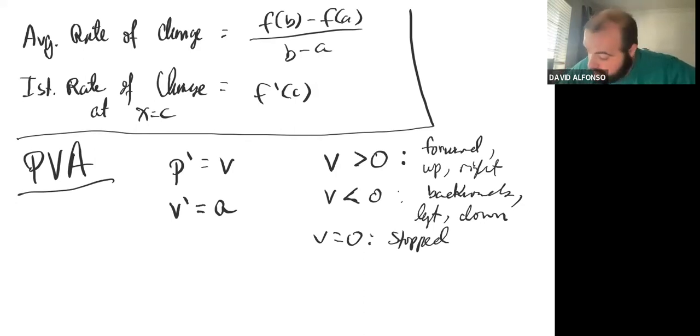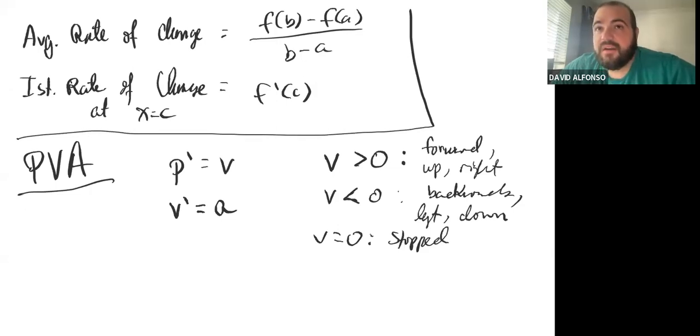And then of course the acceleration. The acceleration is the tricky one. Acceleration just tells you how the velocity is changing. But to determine if an object is speeding up or slowing down, you also need to know the velocity. So this is where it's tricky.